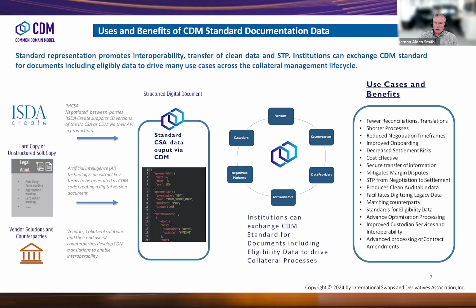There's also hard copy, unstructured soft copy data, which is what Paul's going to discuss today, where artificial intelligence can read and extract key information from documents, use that data, convert it into CDM, into that standard structure, and that can be obviously transferred more easily into systems.